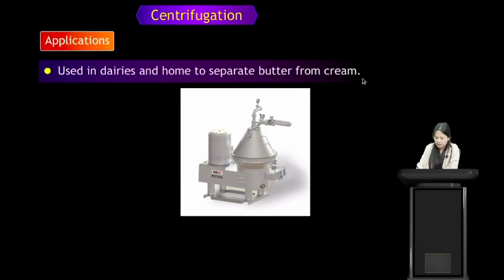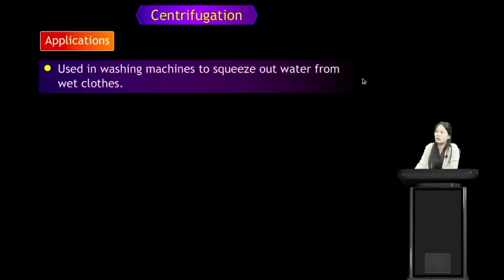Using this machine, by the centrifugation method, we can separate butter from cream. It is also used in washing machines to squeeze out water from wet cloths. So these are some of the applications or uses of the centrifugation method.